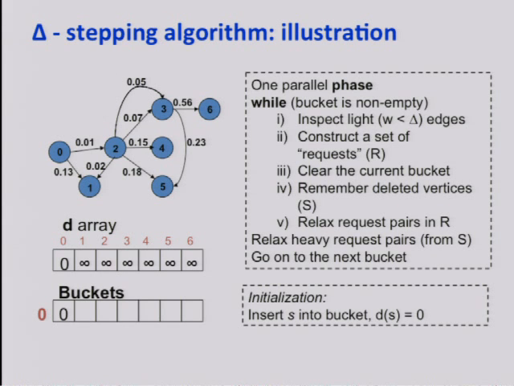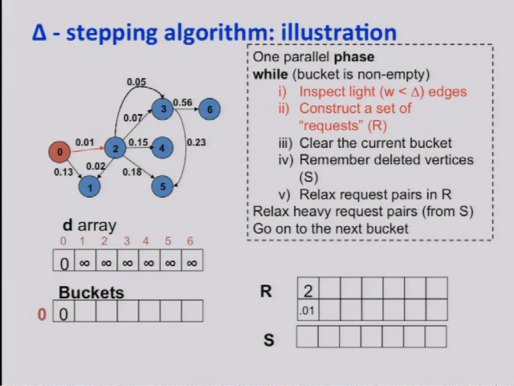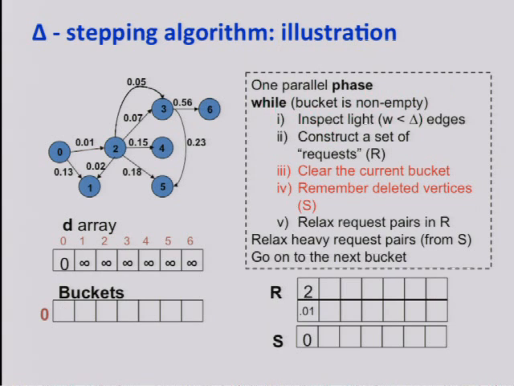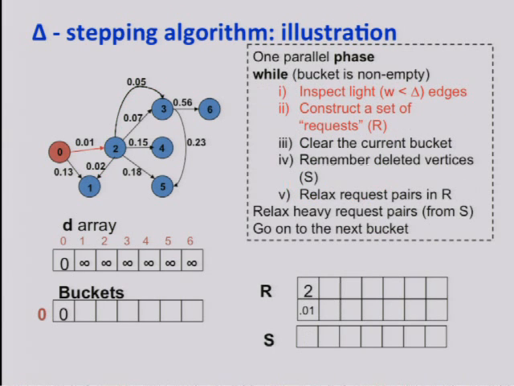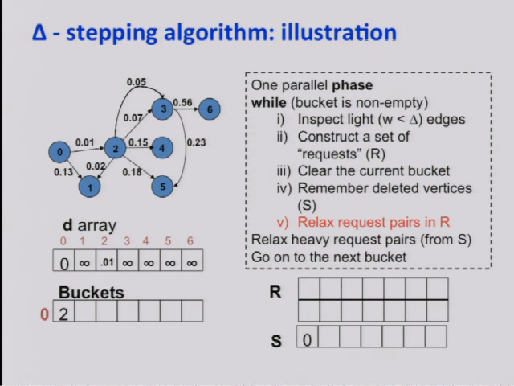So we look at the light edges. In this case, there is only one. And we create requests. It's a technical term from the pseudocode. It's not that important. The more important thing is when we go to another vertex, we're still in the first bucket. So that's kind of the interesting part. We start executing this while loop while the current bucket is non-empty. And we can execute this while loop multiple times.